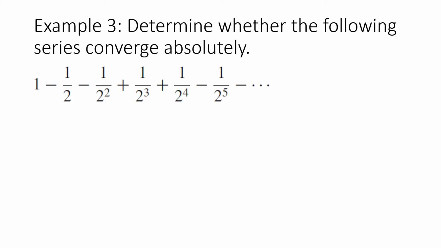Okay, so let's have this example. Determine whether the following series converge absolutely. So you have 1 minus 1 half minus 1 over 2 squared plus 1 over 2 cubed plus 1 over 2 raised to 4 minus 1 over 2 raised to 5 minus so on. The series of absolute values is a convergent geometric series. This is actually taken from the previous examples that we had. Clearly, this is a convergent geometric series.